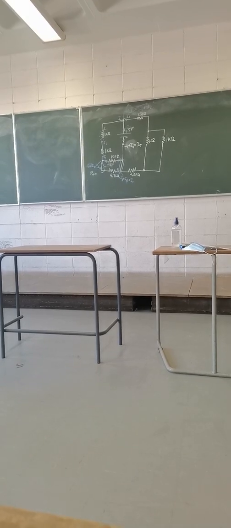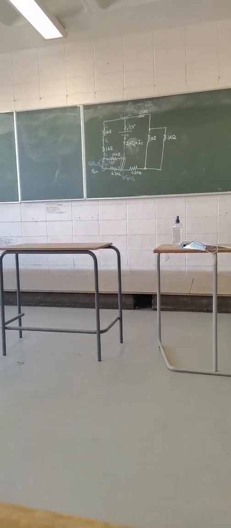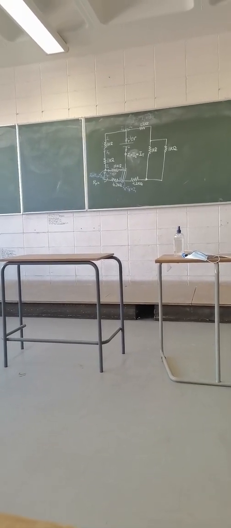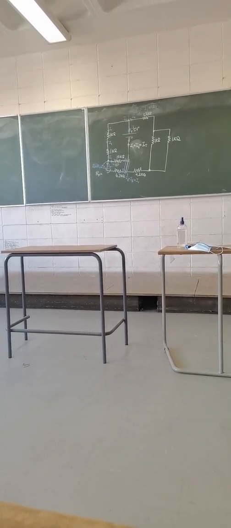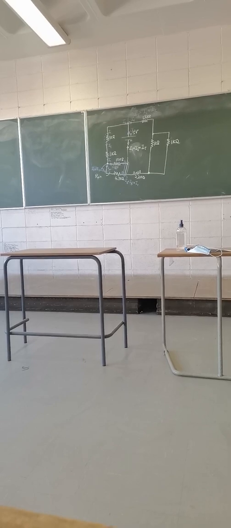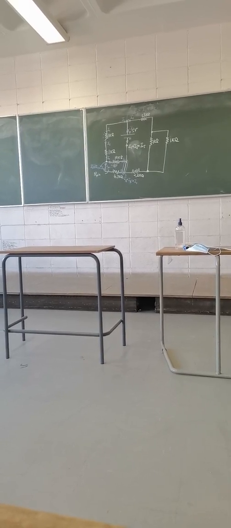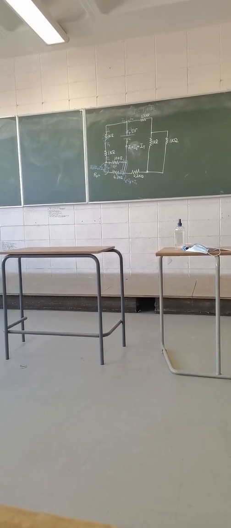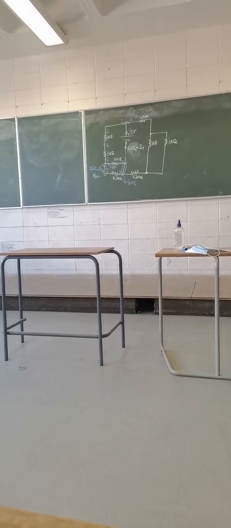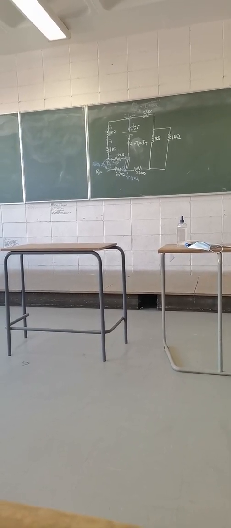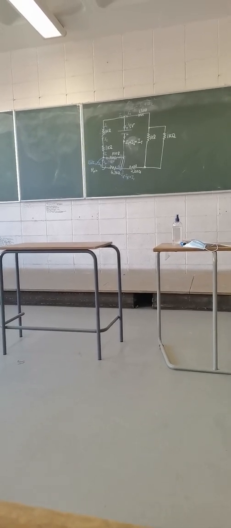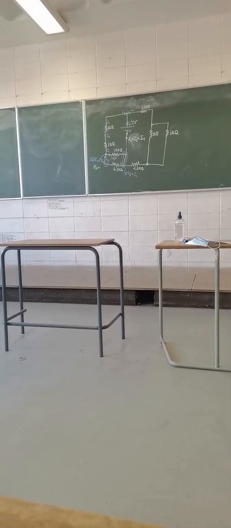10K multiplied by 4.7K divided by 10K plus 4.7K, then you get the equivalent value. You know the formula? Or you have explained it. You will be able to write the formula. You know how to use a calculator, right?